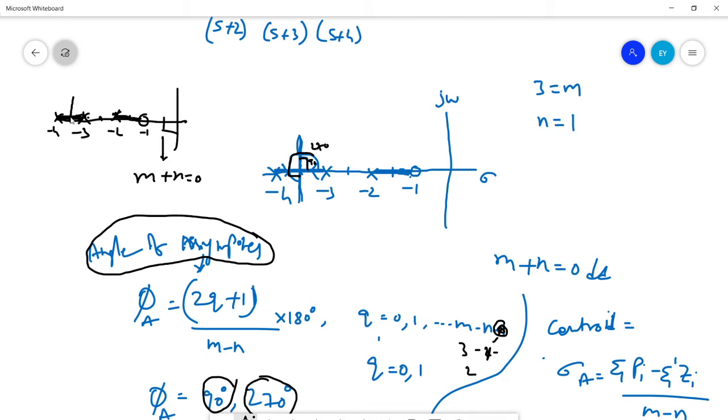This means the poles will start diverging at a certain point, but what point it actually diverges at we need to check. For that we use the breakaway point. We'll see that in another example, but we'll go stepwise.